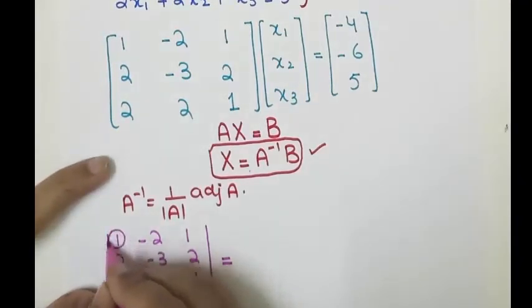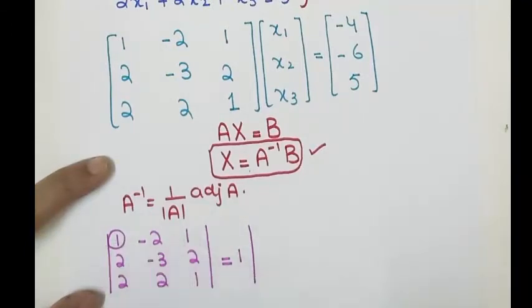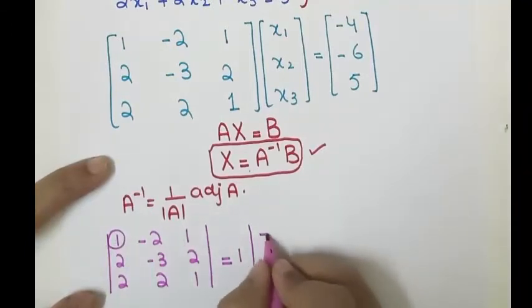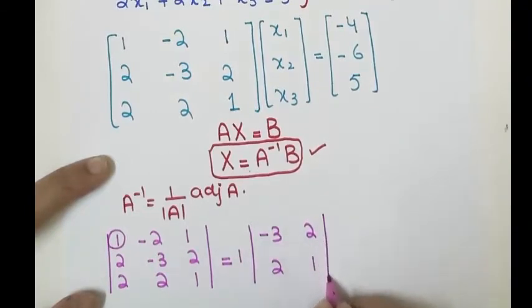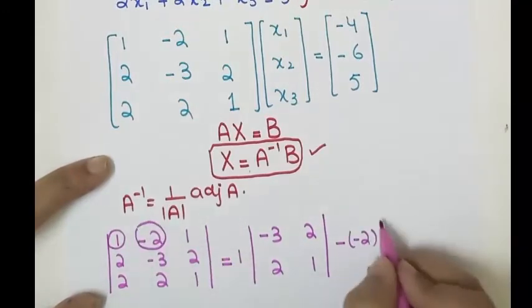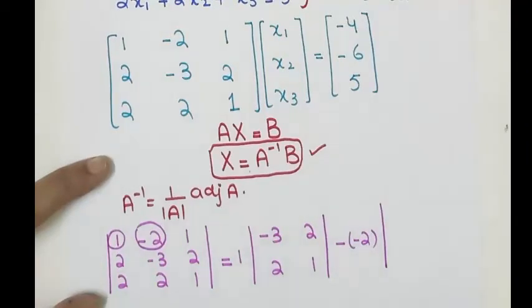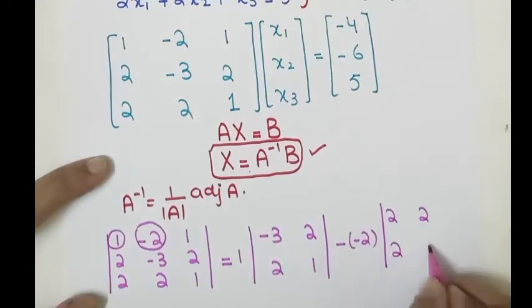First we will write the first element and ignore the first row and first column. We have |-3, 2; 2, 1|. Then we have a minus sign, and then we write the second term, which is -2. Then we ignore the second column and first row. We have |2, 2; 2, 1|.